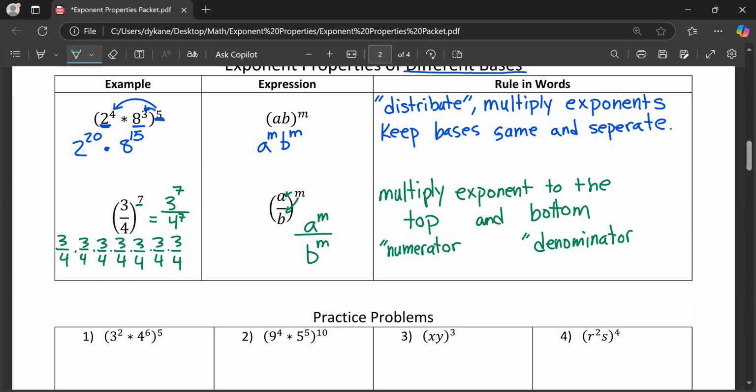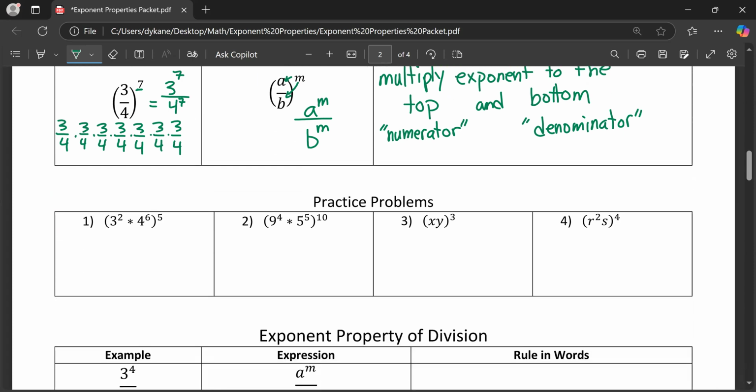Okay, so that exponent goes to the top and the bottom. All right, so again, pause the video, try these 4 practice problems.